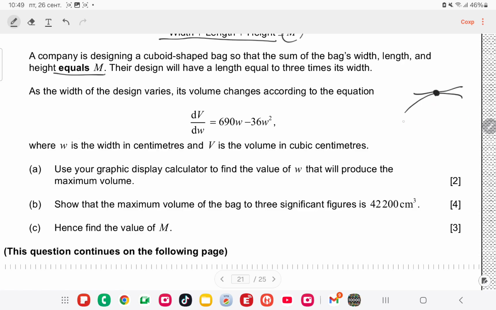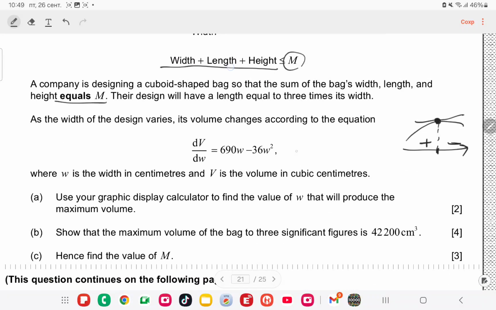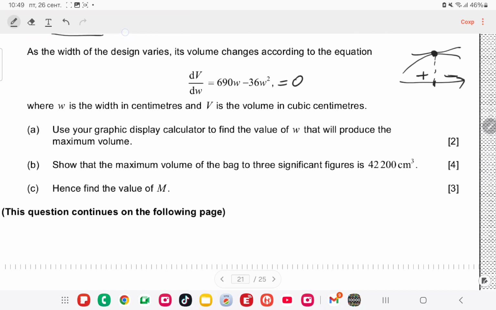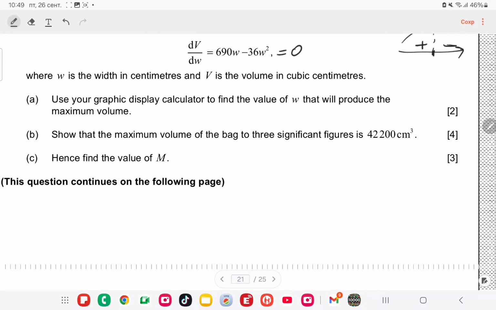According to the sign diagram, we first have a positive derivative and then a negative derivative. Now we equate our derivative to 0 and solve for W. Solving this equation for W, using the GDC, we find that W is equal to 19.2.